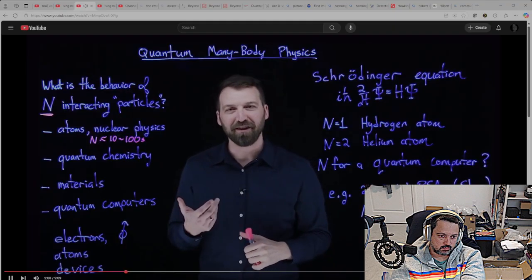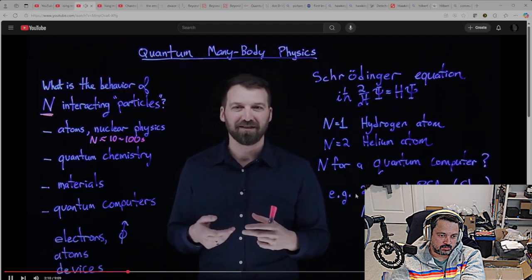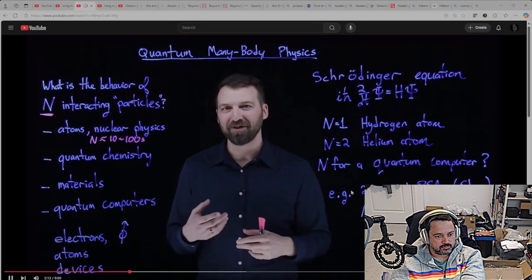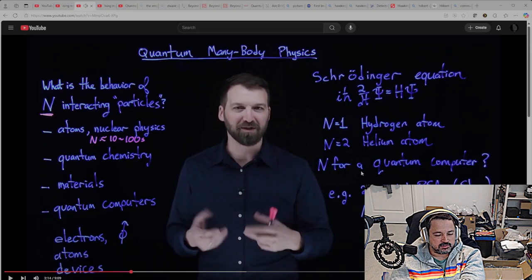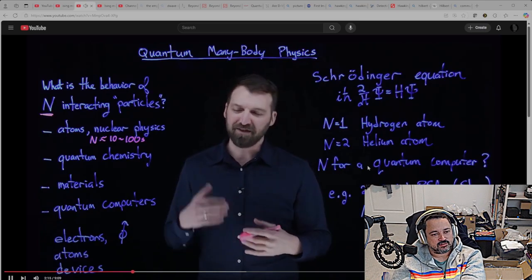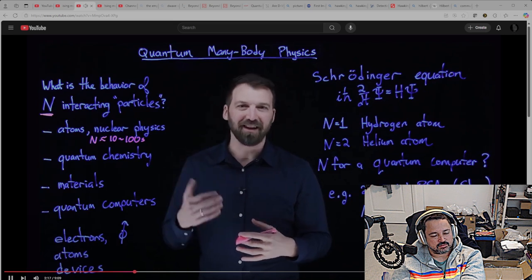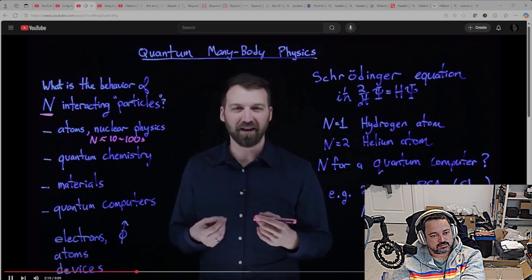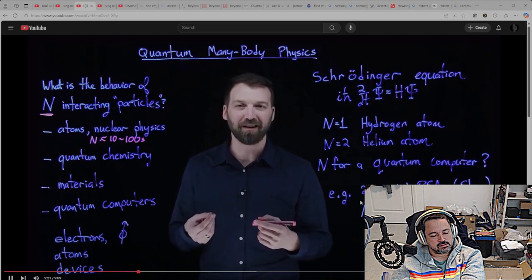In quantum chemistry, we're taking these building blocks, nuclei, atoms, and we're building up more complex molecules. Because of a separation of energy scales, we're essentially looking at possibly different interacting quantum species.